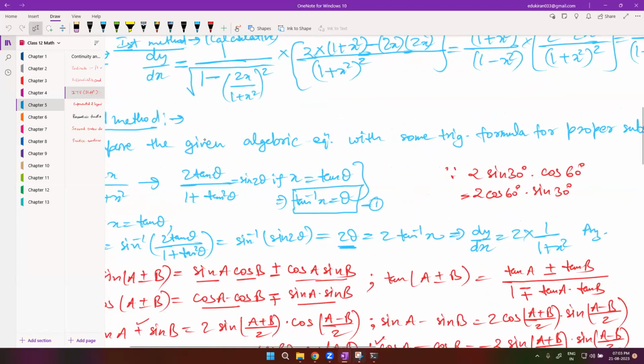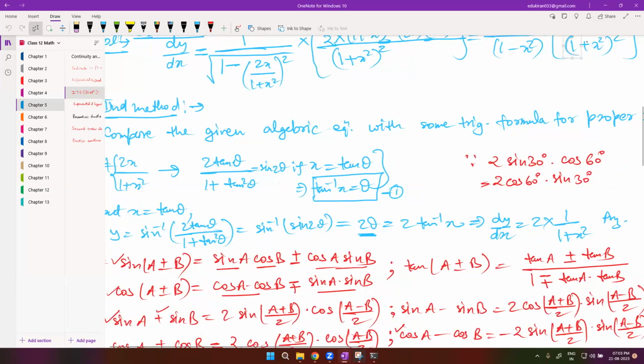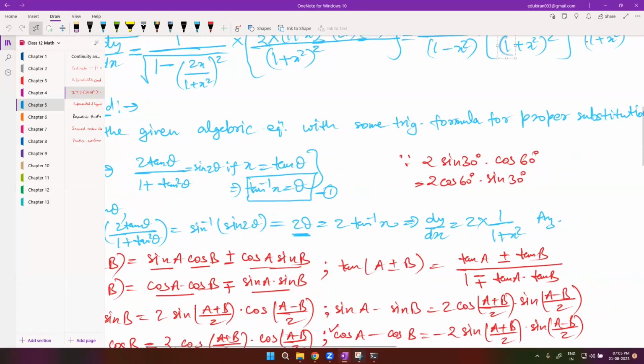Compare the given equation with some trigonometric formula, for proper substitution, right?